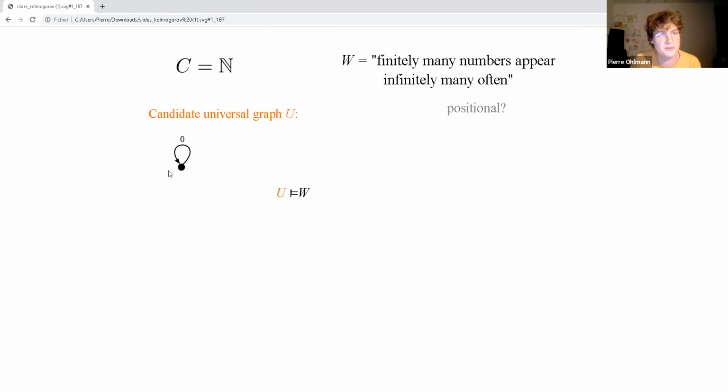So this graph satisfies the objective, so it should appear in my universal graph. Likewise, this graph, I have two loops, 0 and 1. The paths have some occurrences of 0, some occurrences of 1, but there are still only finitely many numbers that can appear infinitely often, because this is just 0 or 1, at most size 2. So this should also appear in my universal graph.